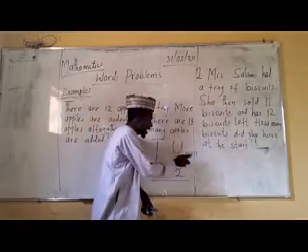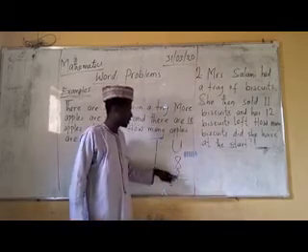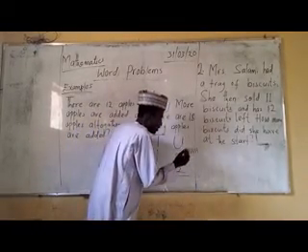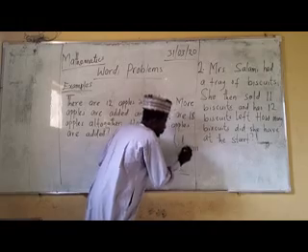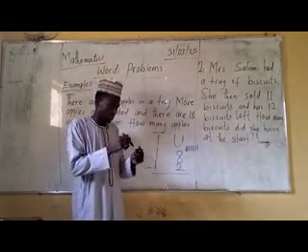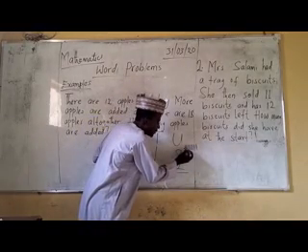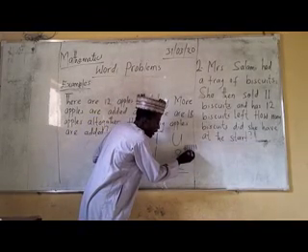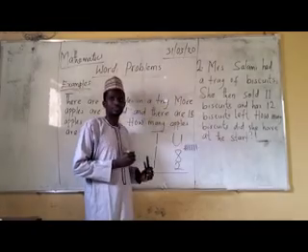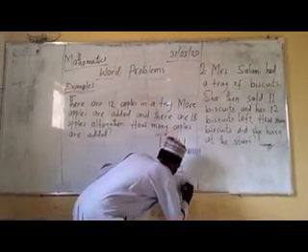So if we take away 2 out of this, the remaining will be here. So now let us see. Let us cancel 2. 1, 2. We cancel 2 out of 8. Let us count the remaining. 1, 2, 3, 4, 5, 6. So we will write our 6 here.